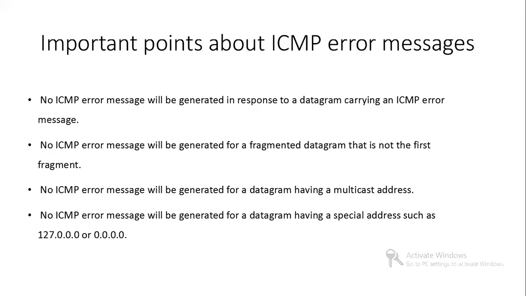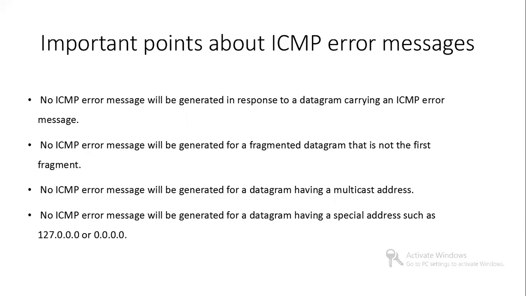These are the important points about ICMP error messages. The first one is no ICMP error message will be generated in response to a datagram carrying an ICMP error message. The second one is no ICMP error message will be generated for a fragmented datagram that is not the first fragment.